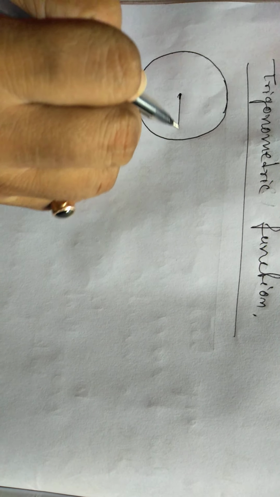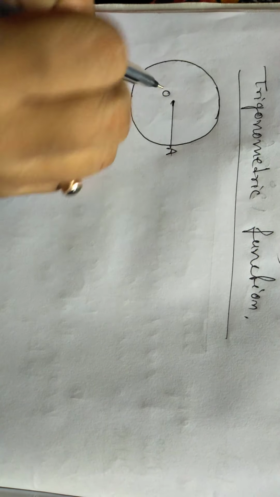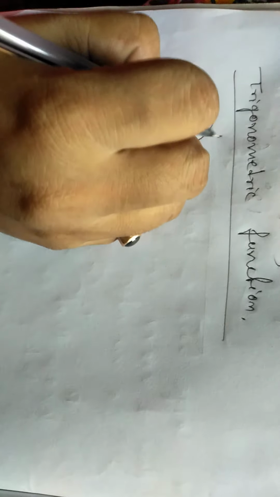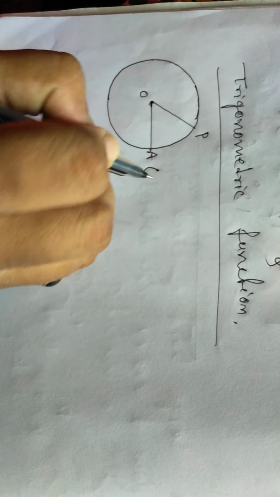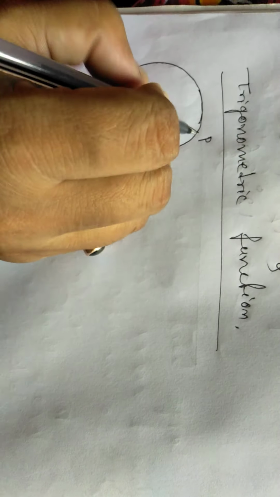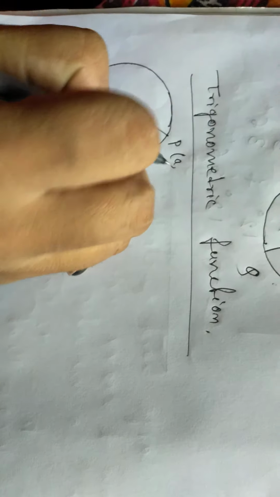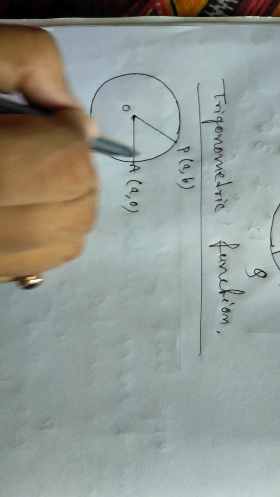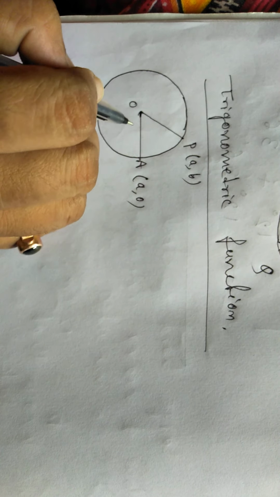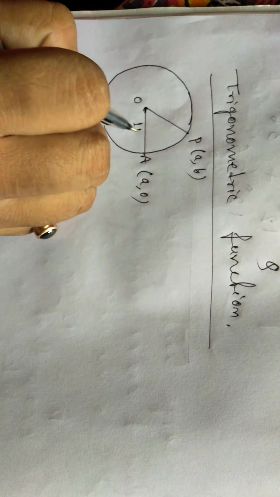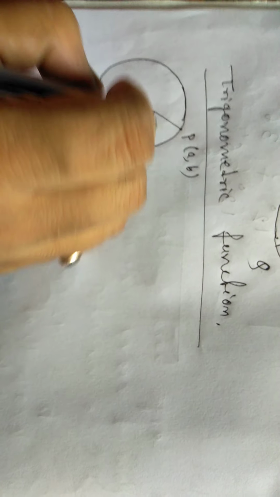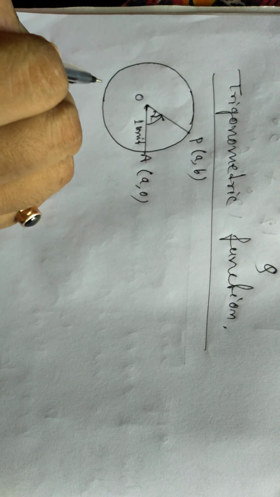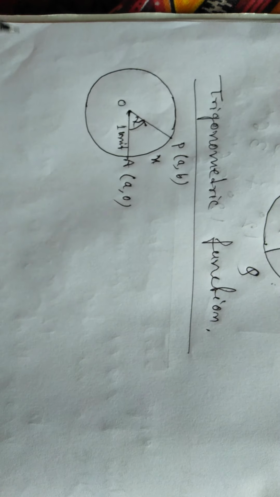This is one unit circle, with O, A, and this is P. Suppose the coordinates of A are (1, 0) and the coordinates of P are (a, b). Both are on the circle, and unit circle means the radius is one unit. If the angle is x in the anti-clockwise direction, then it is also x.